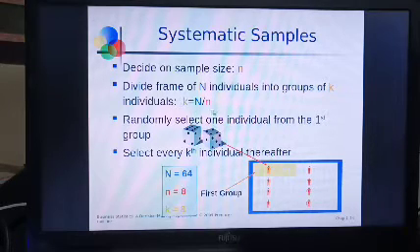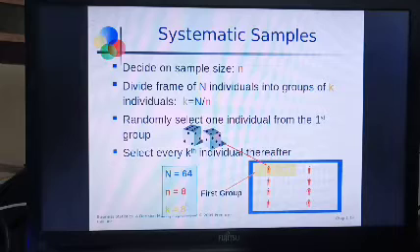So we have this mathematical expression: k equals the population divided by the sample size. Then randomly select one individual from the first group. You might want to throw a dice to start with, and then once you have that, select every kth. This is the key, whatever this number is.